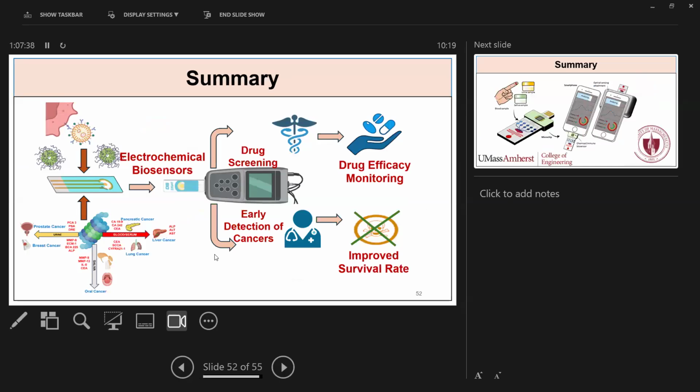To summarize everything, we understood what cancer is, what the severity is, and what the proteomic biomarkers are, and how beautifully machine learning helps analyze the large set of data and give us the confusion matrix, saying low risk, high risk, or normal, with, I would say, good accuracy.